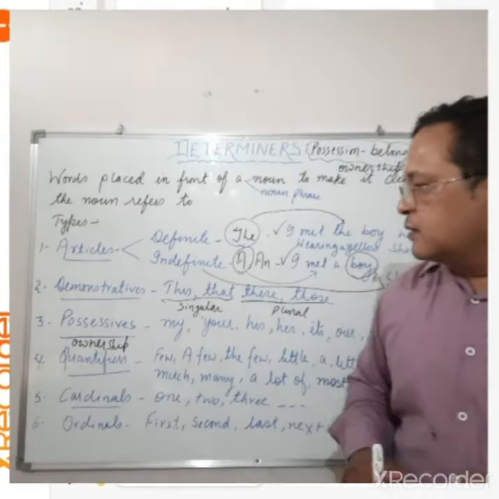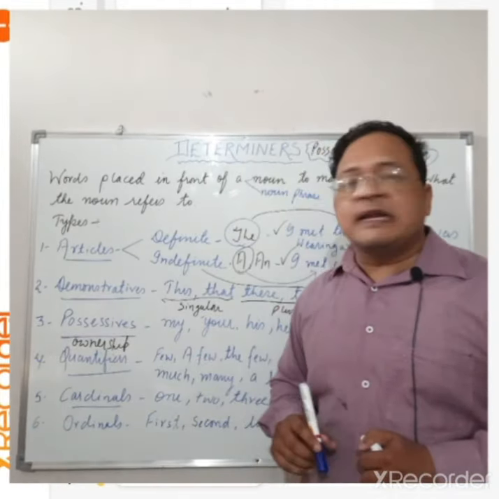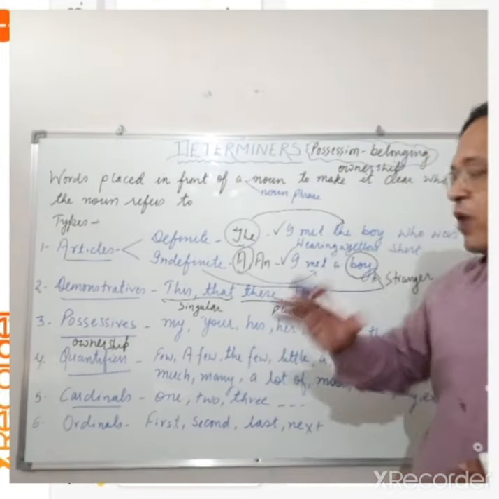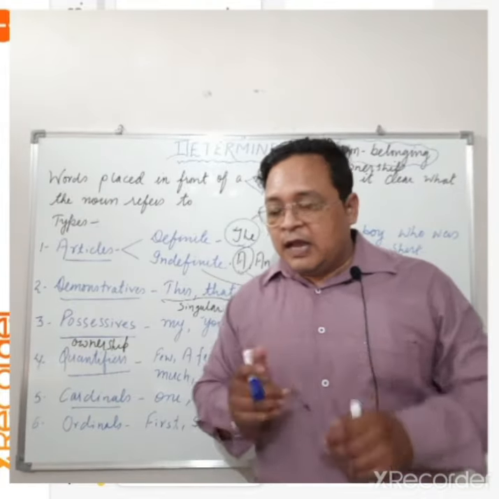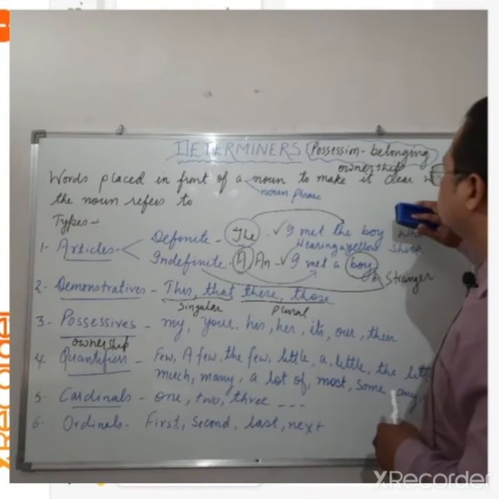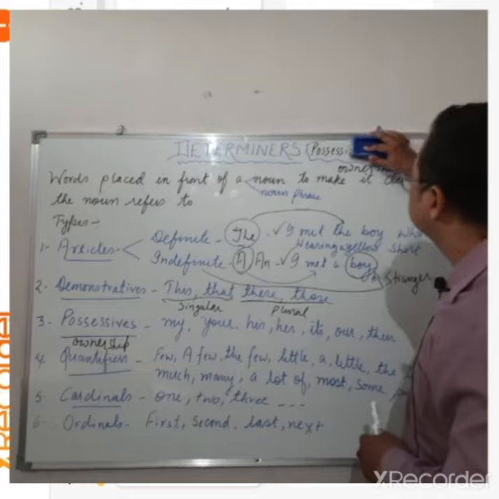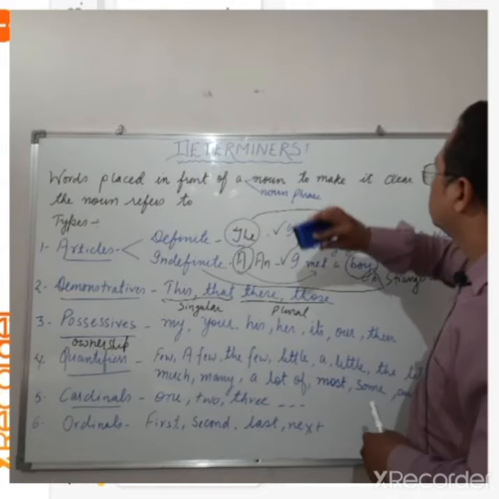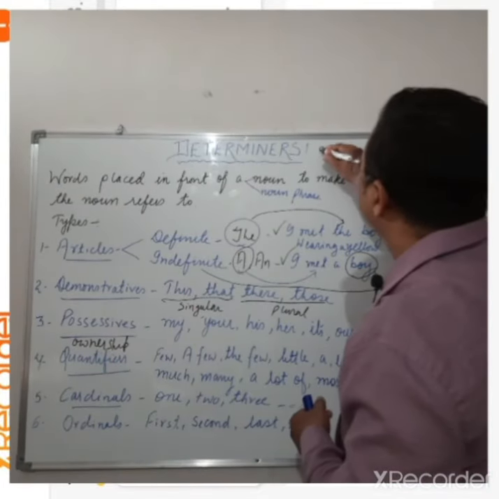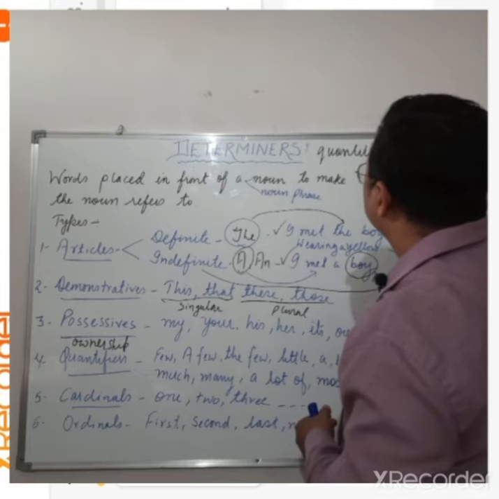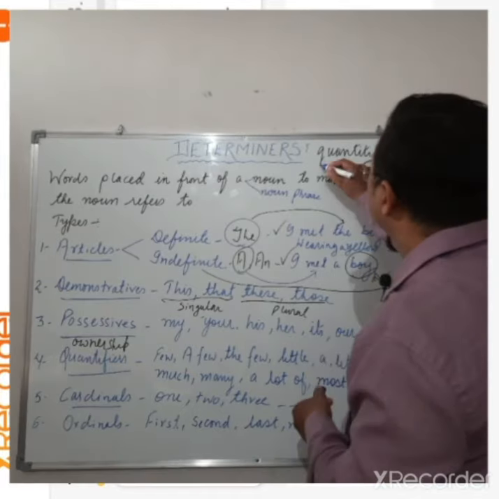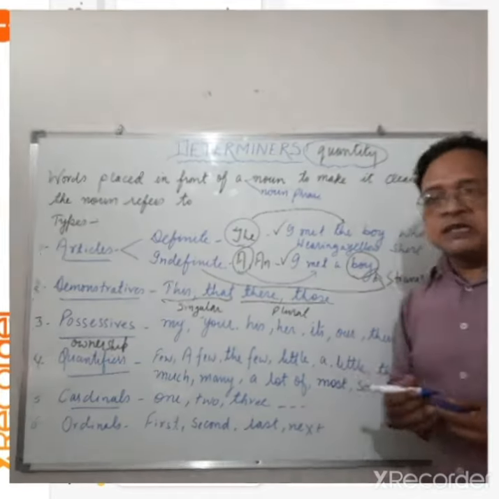The next type of determiner is quantifier. Quantifier determiner has come from quantity.